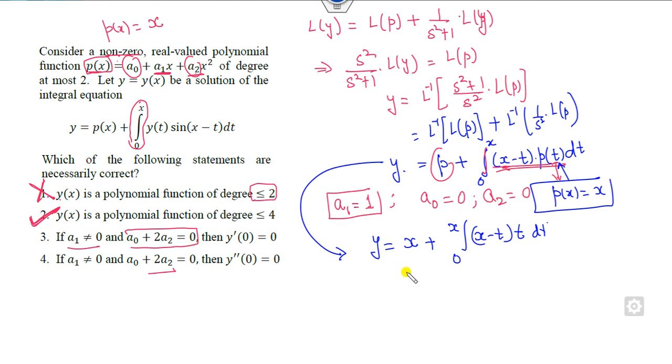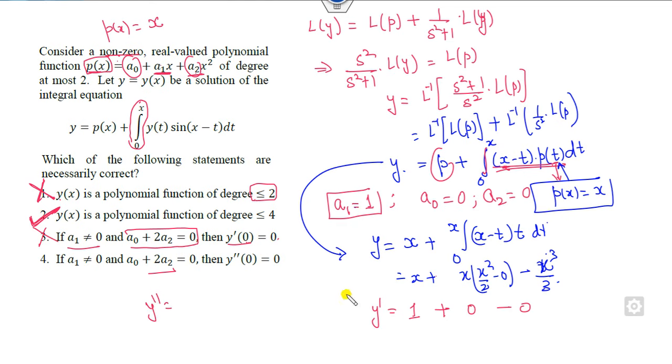Fine. Now if you integrate them, it is x t square by 2 minus t cube by 3, so that's x cube by 2 minus x cube by 3. Now what is the meaning of that? If you take the first derivative, y dash, at the point 0 it will be 0. What is the second derivative?